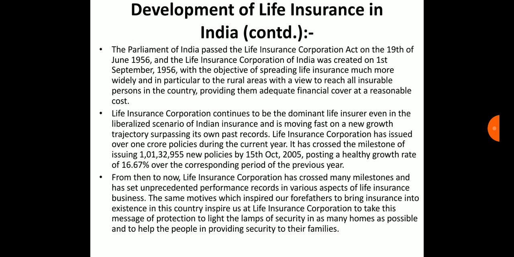It has crossed the milestone of issuing 1,01,32,955 new policies by 15th October 2005, posting a healthy growth rate of 16.67% over the corresponding period of the previous year. From then to now, Life Insurance Corporation has crossed many milestones and has set unprecedented performance records in various aspects of life insurance business.